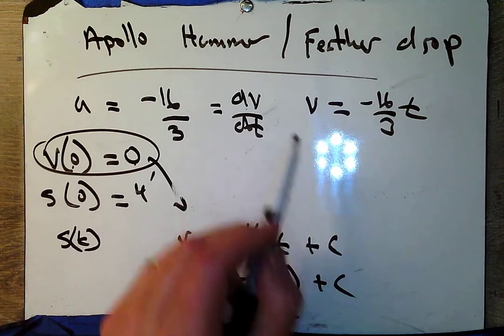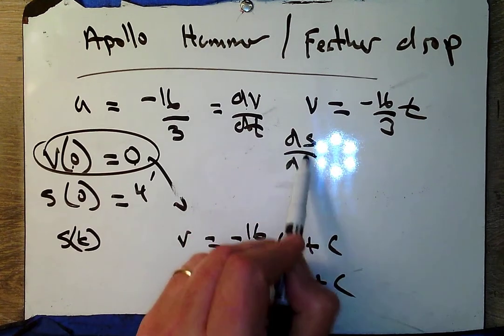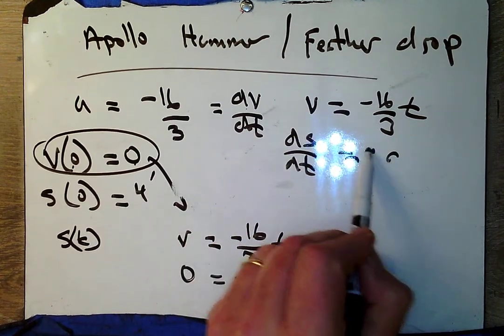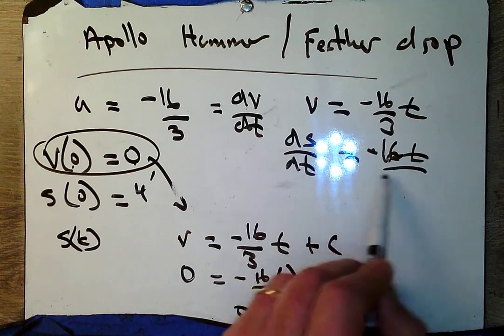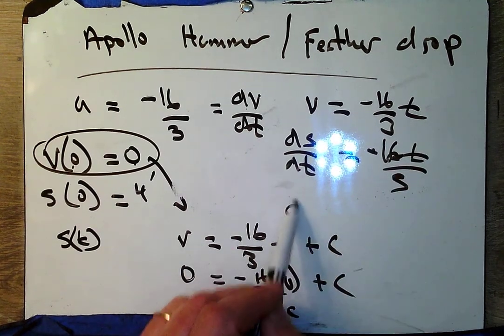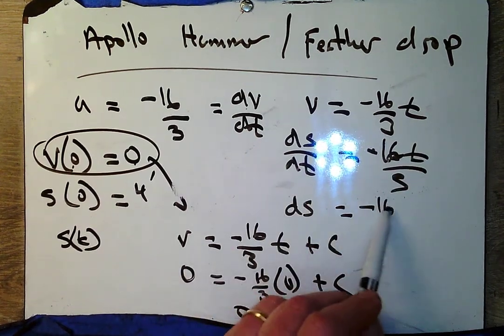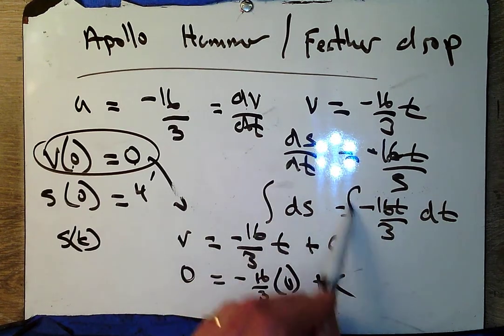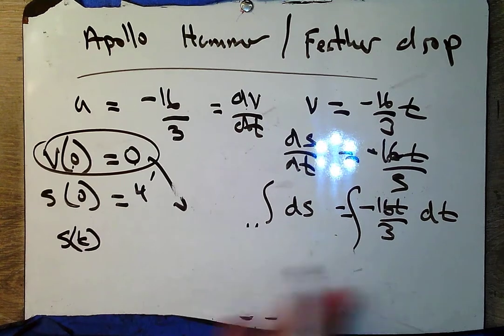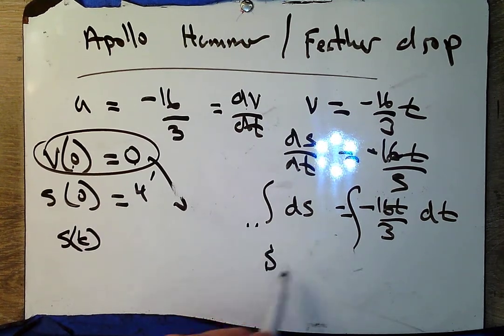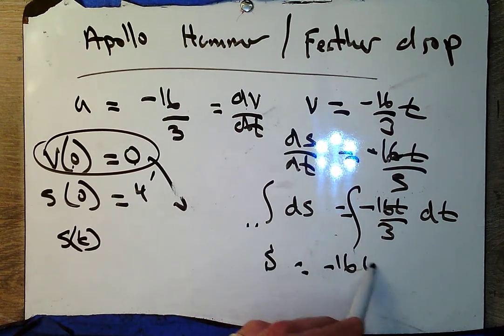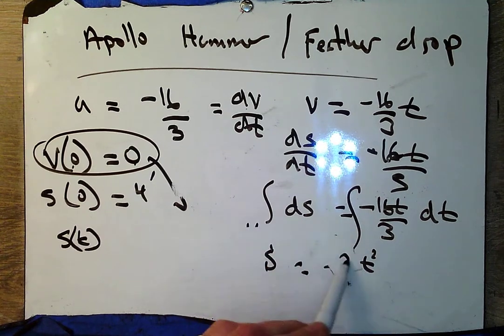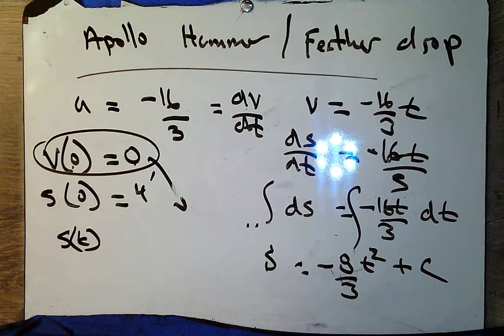Cool. But velocity is also ds/dt, which is -16t over 3. So let's do separation of variables and integrate. That's going to give me s equals -8t squared over 3 plus c.